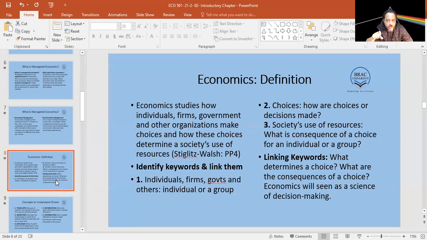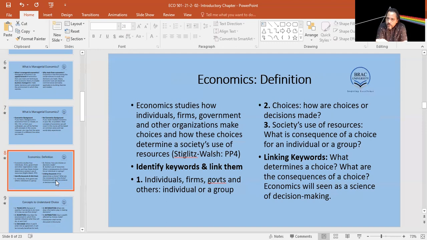Let's read the definition here. Economics studies how individuals, firms, government, and other organizations make choices and how these choices determine a society's use of resources. In any definition, we want to first identify some keywords, some key terms, and then see if we can link them through a coherent logic.